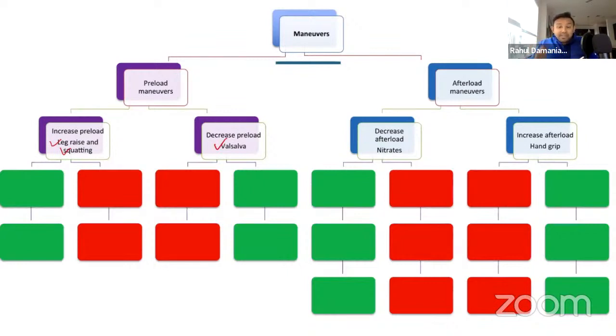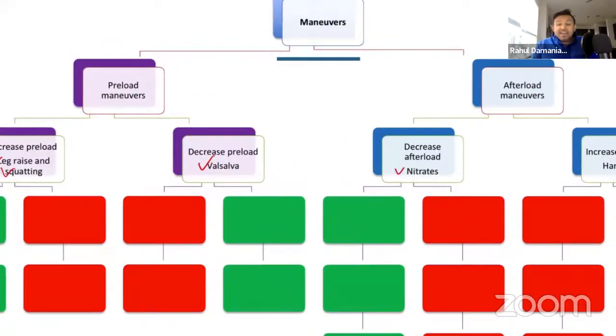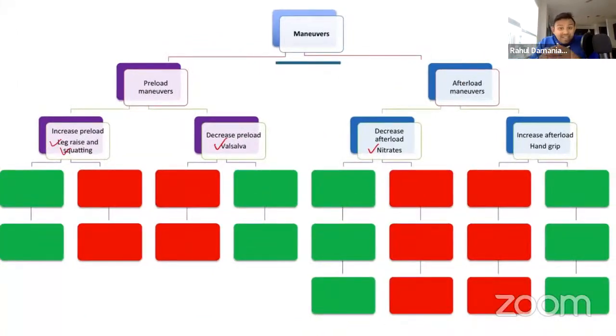When you're going to be decreasing afterload, you're going to be thinking about maneuvers such as giving nitrates or maybe giving an opioid that vasodilates. When you're thinking about increasing afterload, you are going to be thinking about hand grip, because you have increased amounts of resistance that is transmitted from the brachial arteries all the way to the root of your aorta. And this is going to be very important, that hand grip increases afterload.